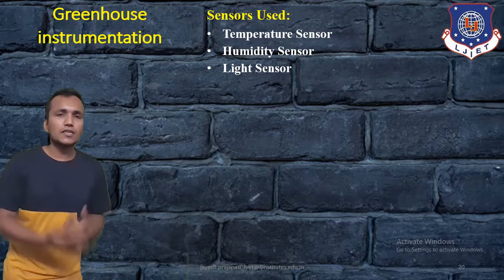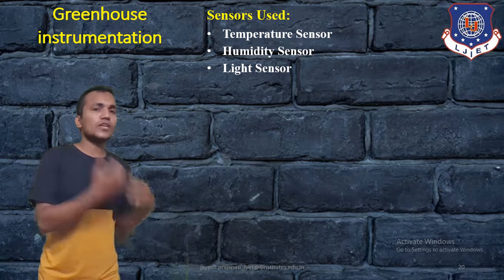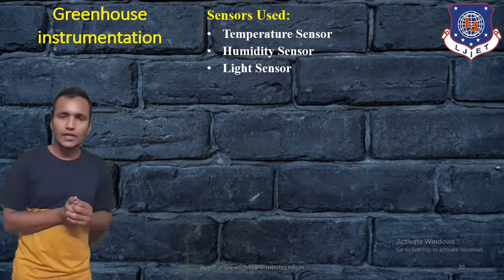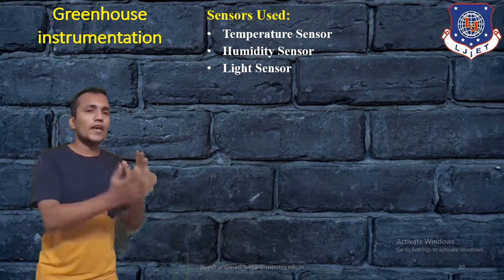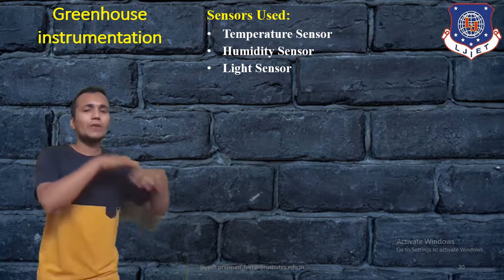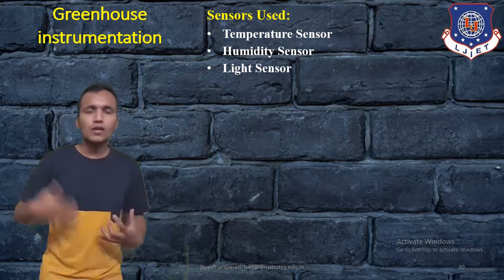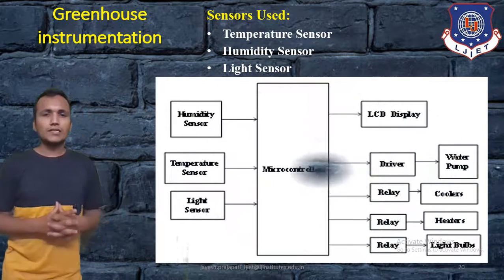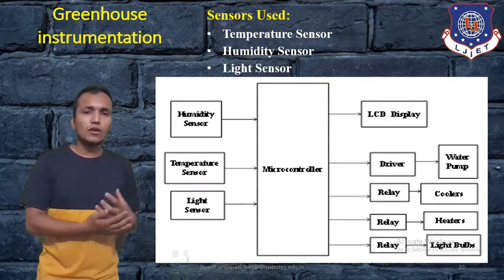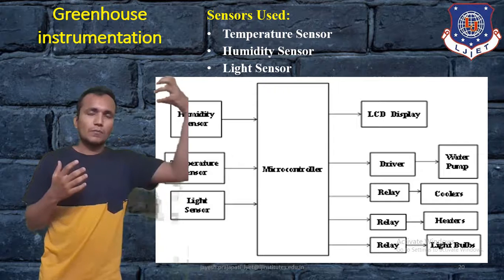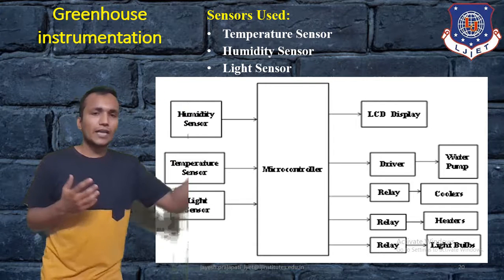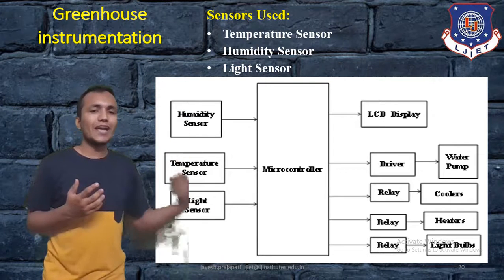Those are the three sensors that can be used in our greenhouse instrumentation. And we also have to build this instrumentation using a microcontroller. In this figure you can see, by using a microcontroller we can maintain our greenhouse temperature, humidity and light.